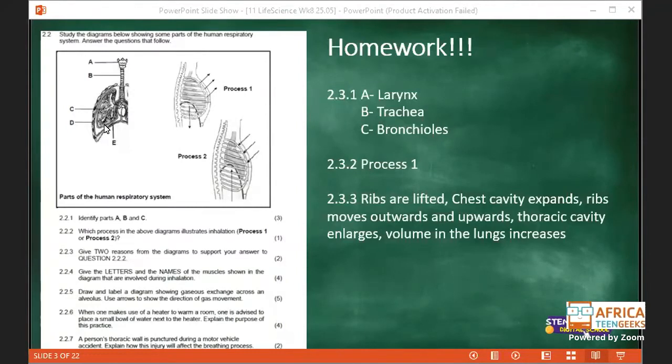What is the muscle called? It's not the lungs. It is D. And what is the muscle called? All right, yeah, well, beautiful.